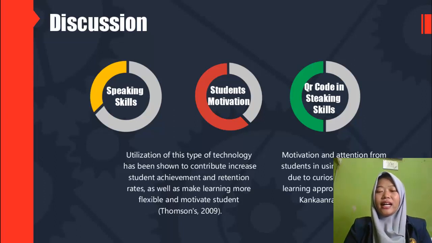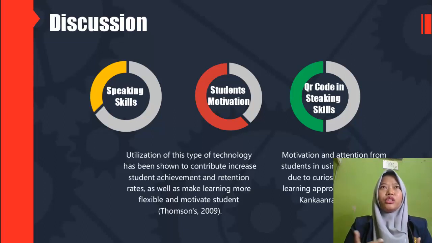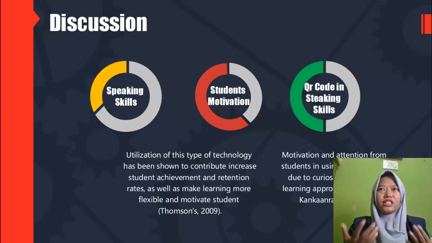According to Rikala and Kankaanranta, 2012, motivation and attention from students in using QR code rise due to curiosity about the new learning approach. It means that when students are given a new media, they will be curious and interested because there is a media that can raise their motivation.